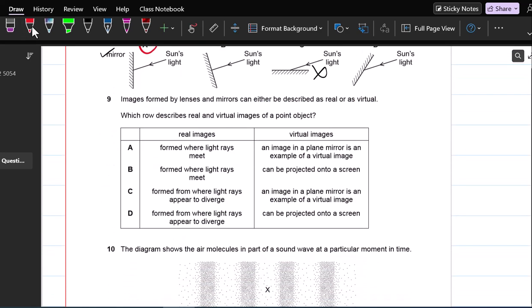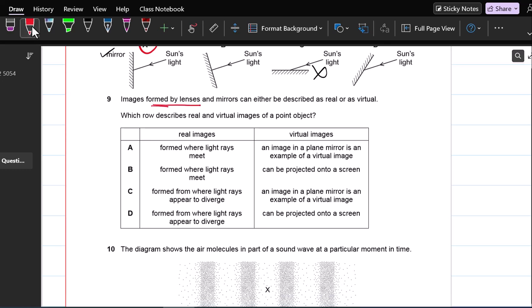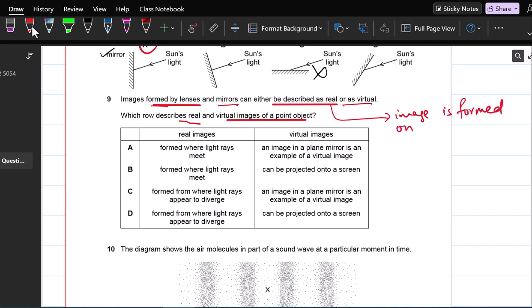Moving to question number 9, images formed by lenses and mirrors can be described as real or virtual. Which describes real and virtual images of a point object? Remember, a real image is formed on the screen.